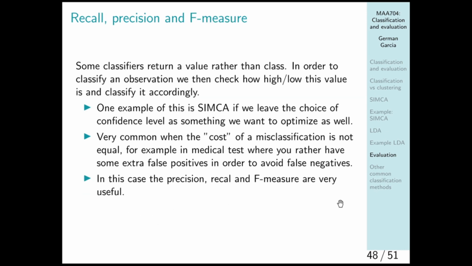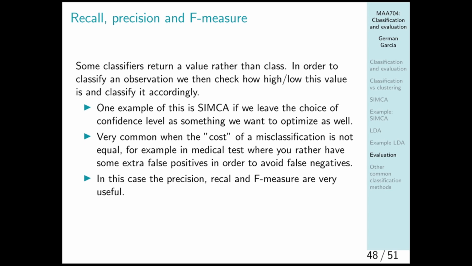Now, some classifiers return a value rather than a class. In order to classify an observation, we have to check how high or low this value is and then classify it accordingly. One example of this, if we were working with SIMCA, is that we leave the choice of confidence level as something we want to optimize as well.